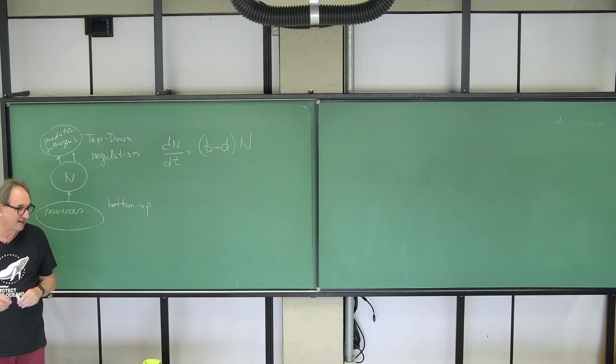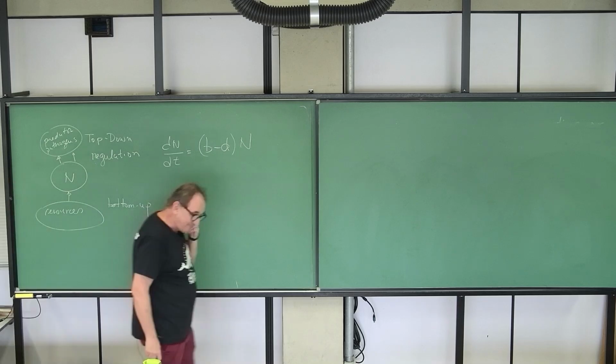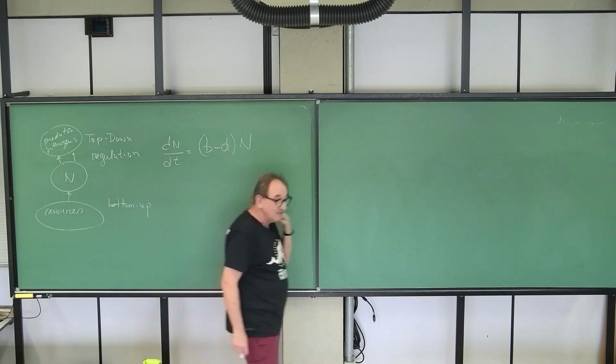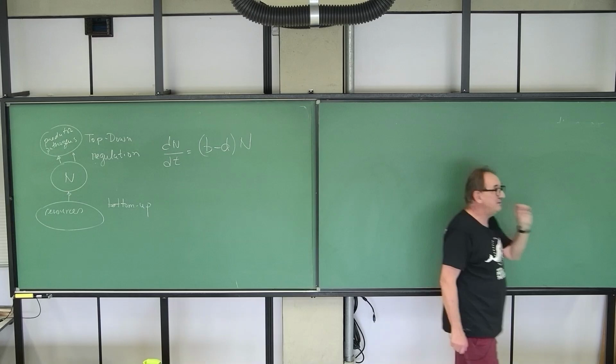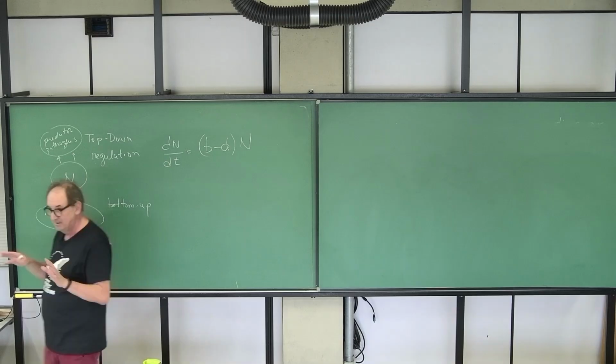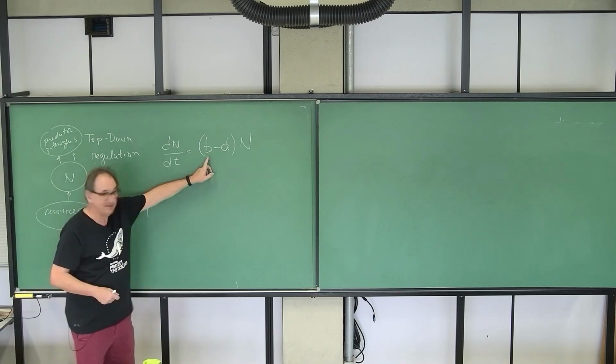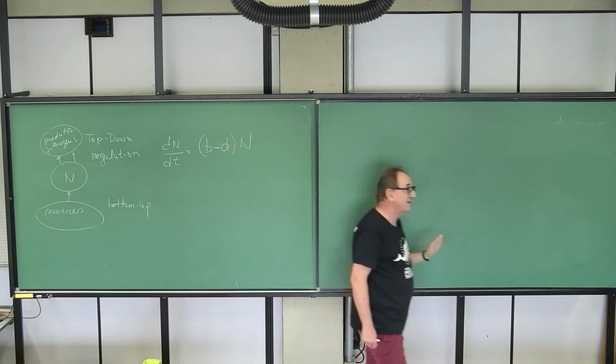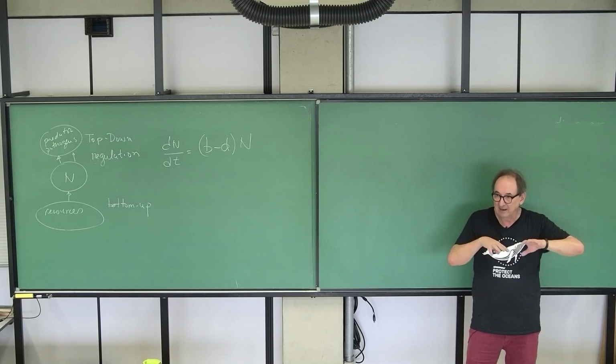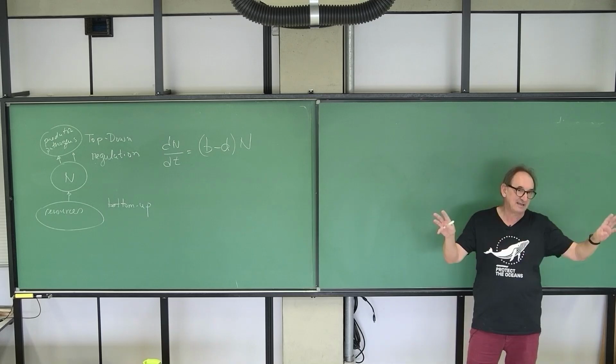So what we will do is say a population that is regulated by this kind of mechanism, bottom-up regulation, which is able to increase initially. Okay, so that initially at least B is greater than D. It can grow, but somehow there's a maximum population size that can be attained.